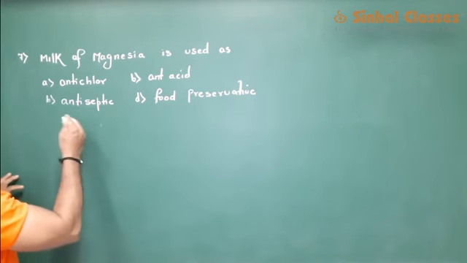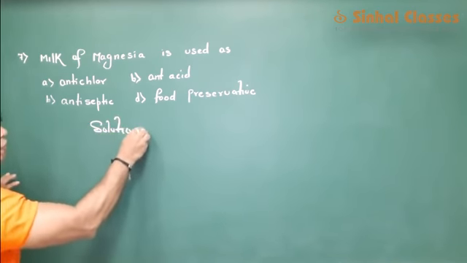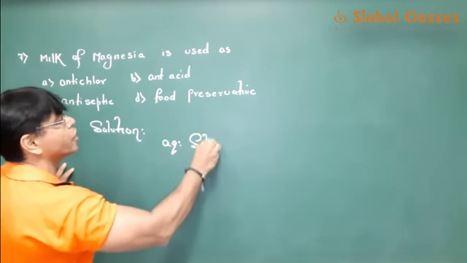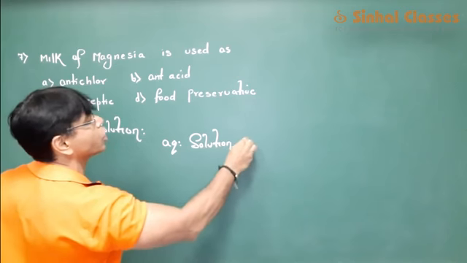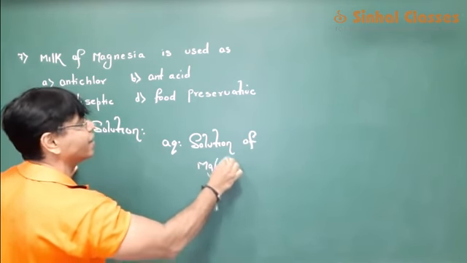So milk of magnesia. First of all, what is this milk of magnesia? Milk of magnesia is an aqueous solution of magnesium hydroxide.